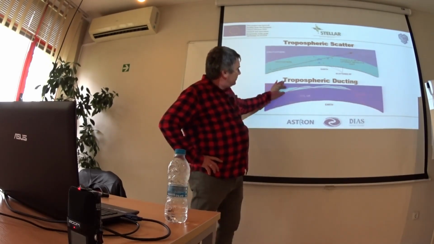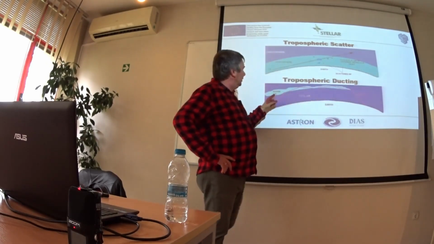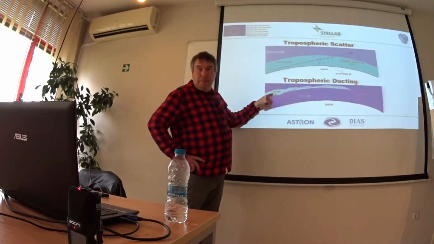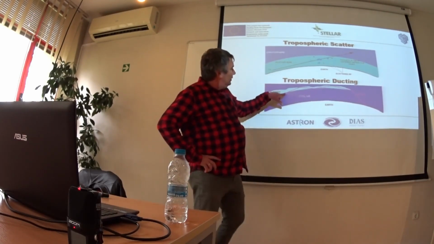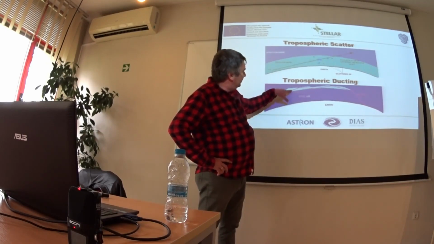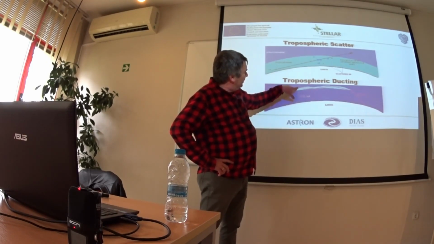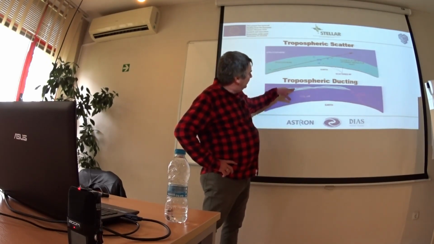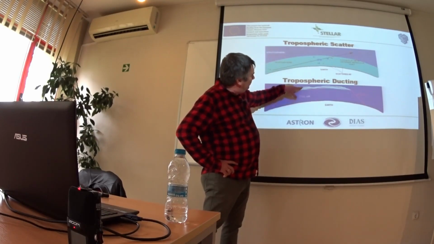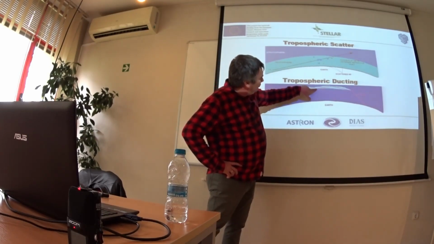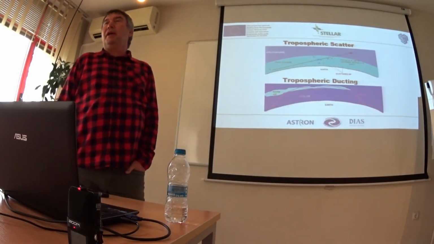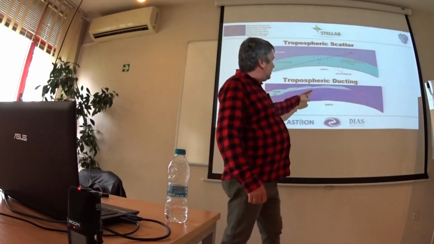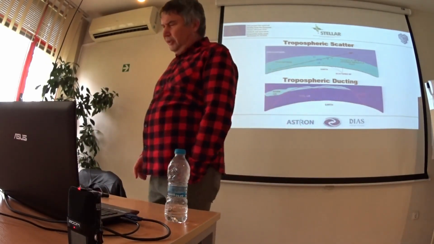Here we have some layer with warm air, and when a radio wave propagates in this area, it reflects from the upper part, then from the lower part, and propagates in this layer, and also propagates over very long distances.